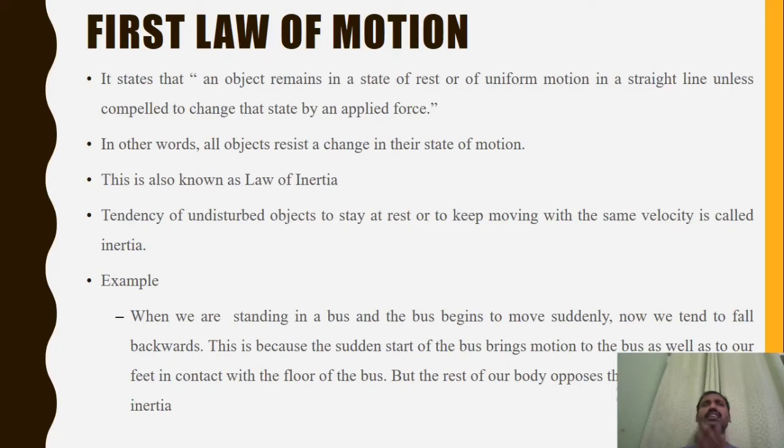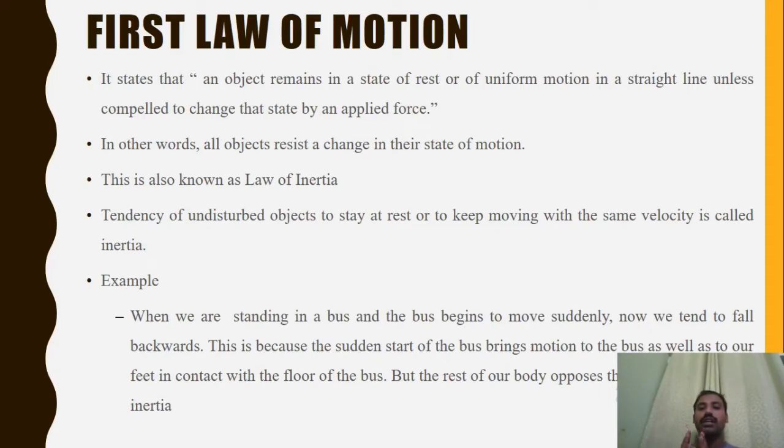We can say that every body tends to be in a state of rest unless we apply an external force to that body, or every body will continue to move in a particular direction unless we apply an opposing force to stop its motion. Otherwise it will continue in a state of motion.